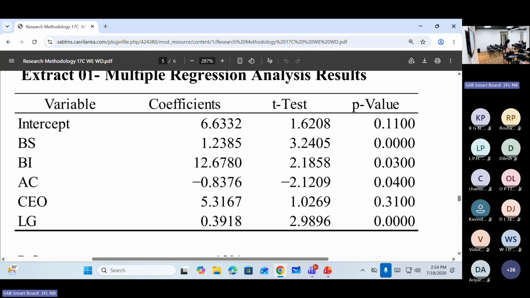Beta 2: if you change board independence by 1 unit, financial performance will change by 12.6780. Third, if you change the audit committee, financial performance will decrease by 0.8376. And the last ones: if you change CEO duality by 1 unit, financial performance increases by 5.3, and the last one is also positive.